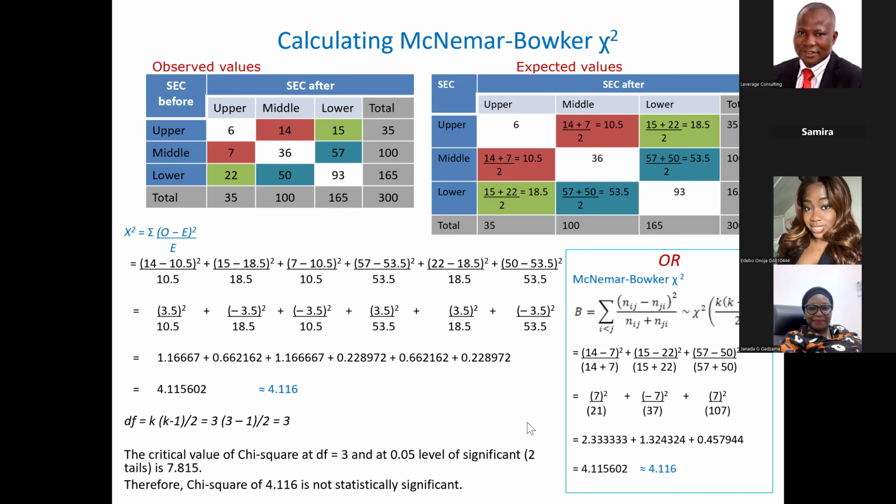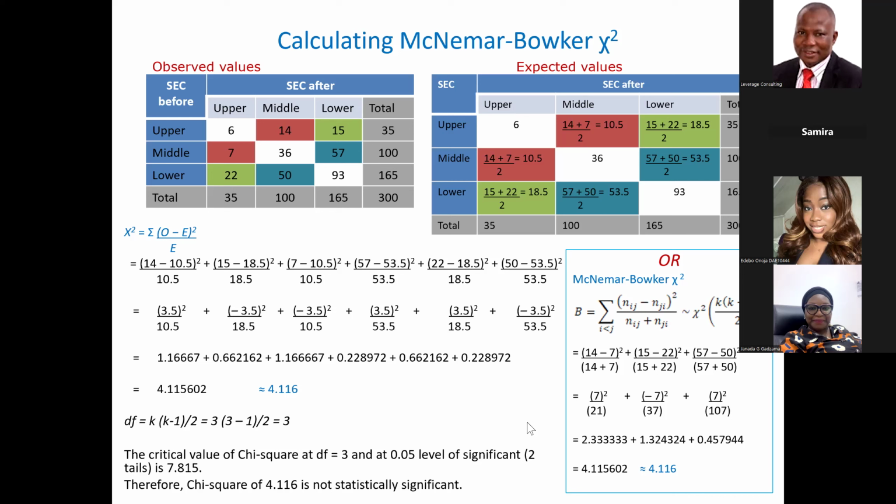But after, you look and see if you put them together: 6 plus 14, 20 plus 15, 35. 6 plus 7 gives you 13, plus 22, 35.